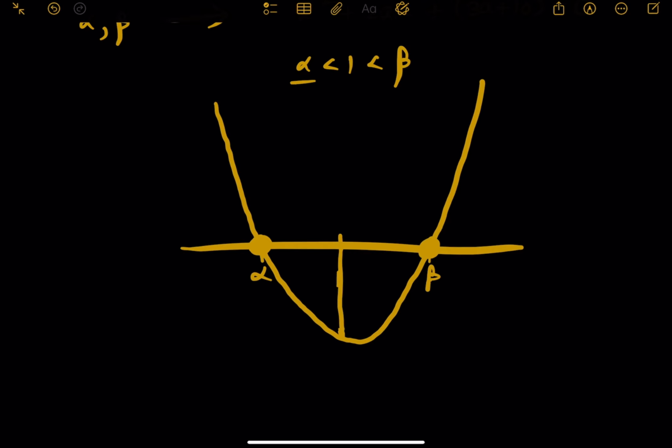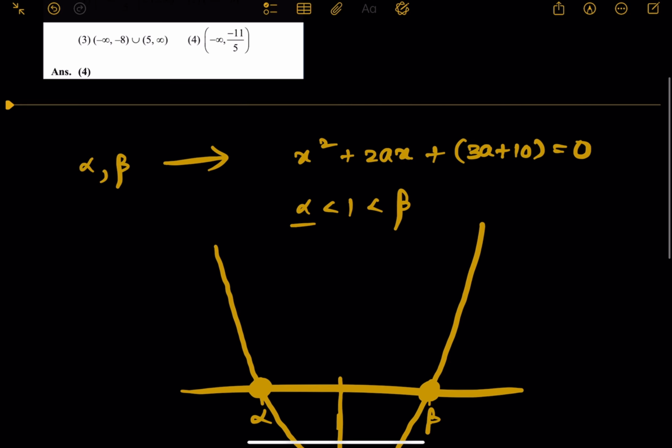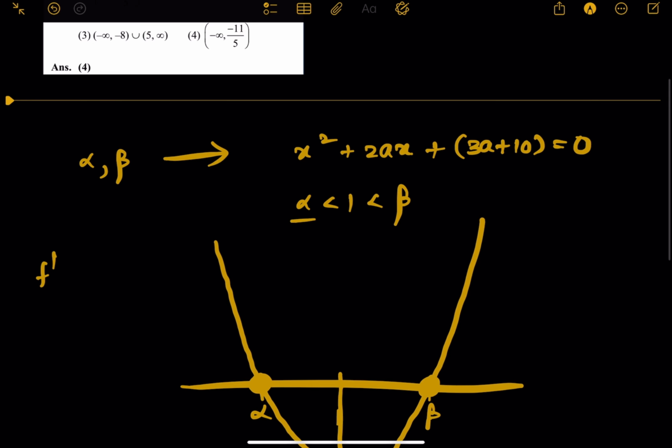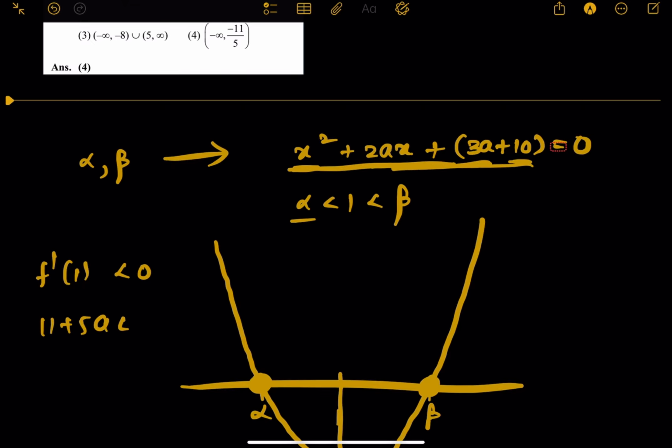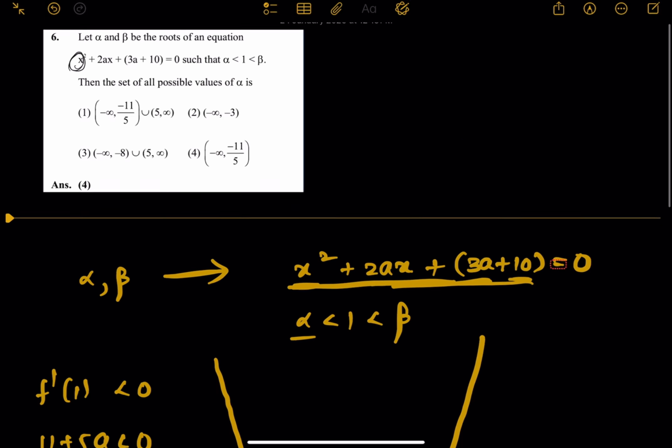It's a very clever observation, and if you make it, the question is done in seconds. So f of 1 is less than 0. What is f of 1? If you put 1, this is 1, this is 2a, this is 3a plus 10. So 1 plus 5a plus 10, so 11 plus 5a is less than 0. a is less than minus 11 upon 5. So this is your answer.